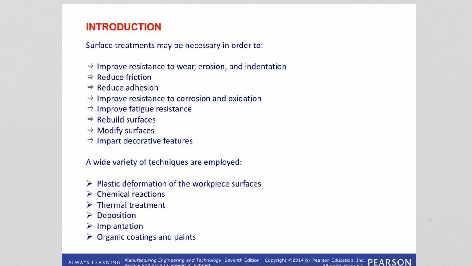These mechanisms include plastic deformation of the workpiece surfaces, like inducing compressive stresses, or chemical reactions, thermal treatment, deposition, implantation, organic coatings, and paints. All of these are used in a variety of different techniques, and we're gonna see each of these techniques one by one.